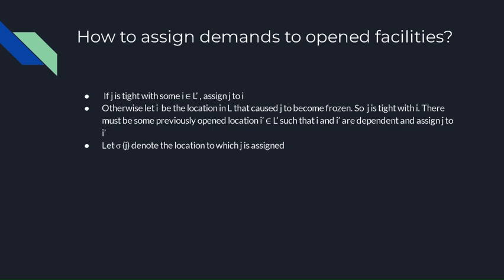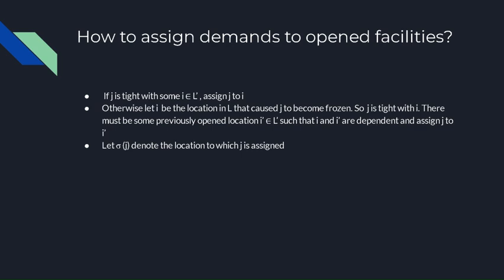The second case will be that this particular I is not in L dash, but this I caused J to be frozen. So why did I not end up in L dash? It would have happened because there was some I dash that opened before it, and they were dependent.